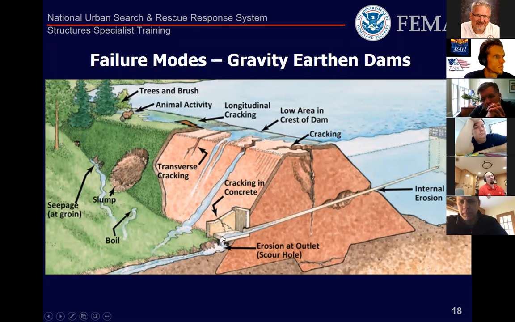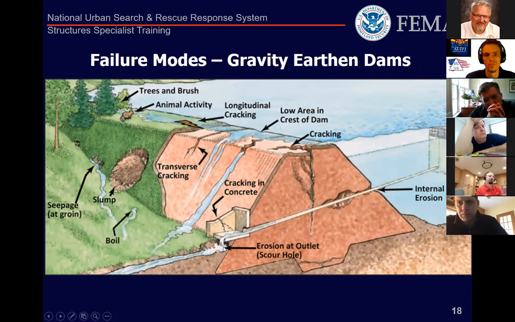At the outlet works, as we spill water, if the stilling basin or the outlet itself is not well maintained and water is able to infiltrate behind or underneath, we can start eroding the dam and working our way back up along the conduit.